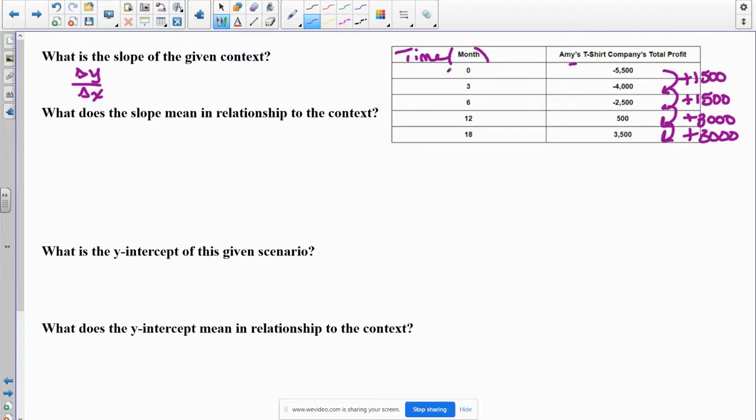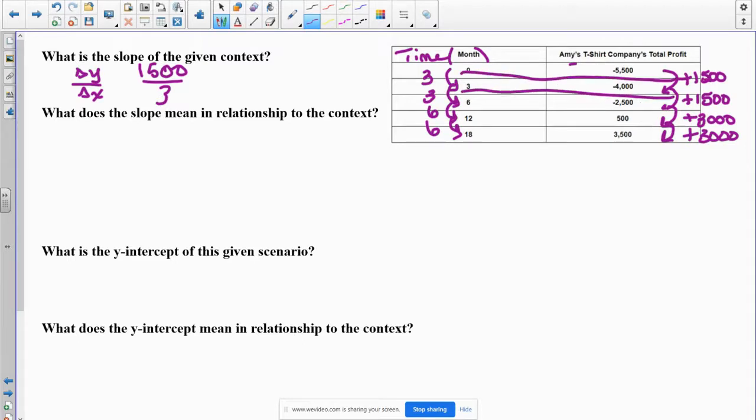Over here, time, 0 to 3 is 3, 3 to 6 is 3, 6 to 12 is 6, 12 to 18 is 6. So remember, when you're doing slope, you have to go the same ratio. So you could say 1,500 over 3, because that's the ratio. These match up and these match up.